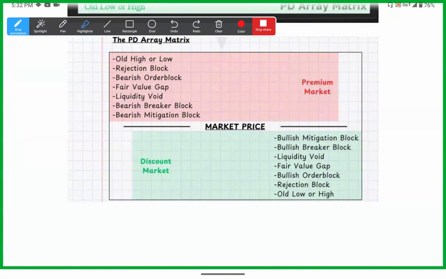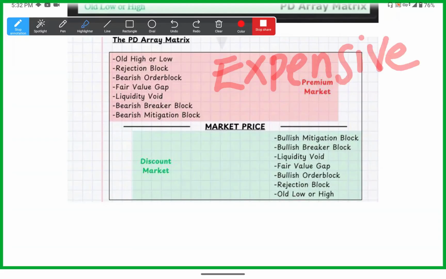And just like we have physical markets, like supermarkets, with premium and discount, there are seasons where price is too high. In other words, price is expensive. The product you want to purchase is expensive. Then there are seasons, the same product that was expensive, they now put it on discount. We are selling it off 80% off, 30% off. That's what we call discount.